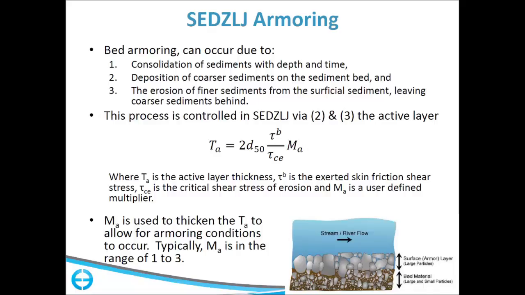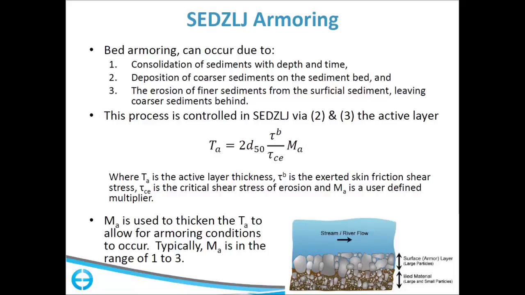However, there is an active layer multiplier term, M here, which is a user-defined term that you can apply that will thicken it. I wouldn't thin it. It should always be greater than 1.